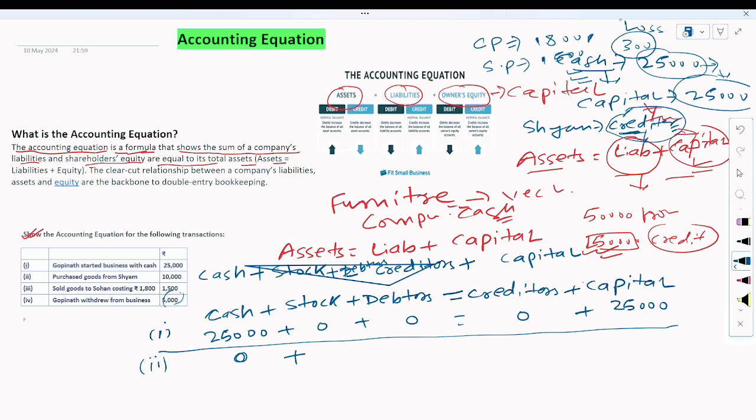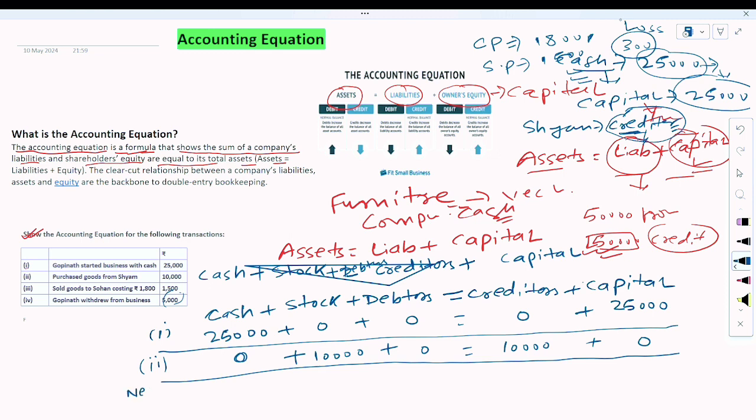Stock will increase by rupees 10,000, debtors 0, and since it is on credit, creditors will also increase by rupees 10,000. There will be no impact on capital.